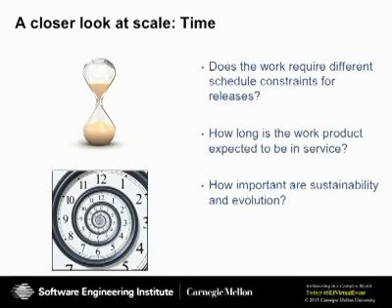And the last is time. Time is a tricky one because a lot of the time we focus on looking at the development life cycle and the releases, maybe 2-week scrums or whatnot. However, time actually has a very significant influence in terms of the duration of the product that's going to be out in the market. And this could be not only related to the time it will take in development, but the time it will take in sustainment.